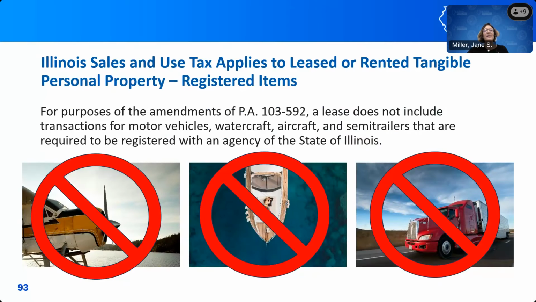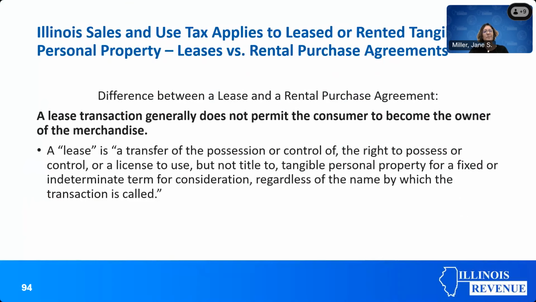So Illinois sales and use tax applies to leased or rented tangible personal property, but it does not affect or make any changes to the way vehicles, aircraft, and watercraft are leased. We already had a leasing program in place and nothing has changed there.